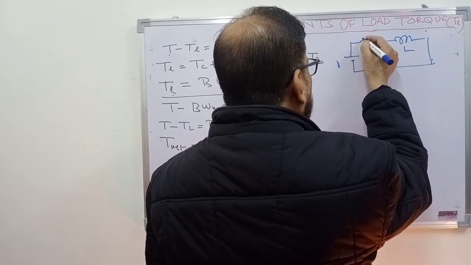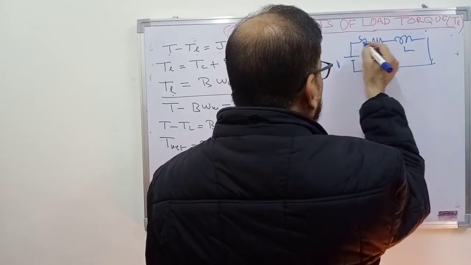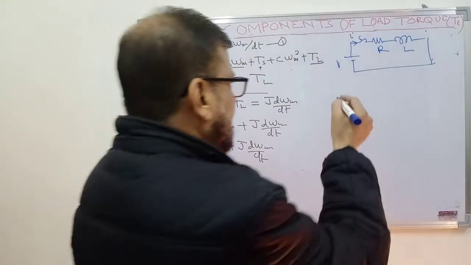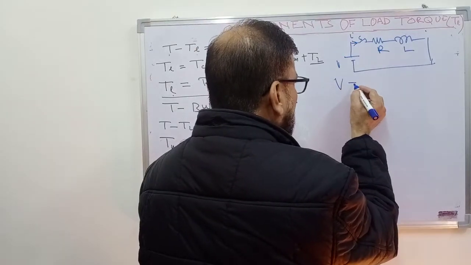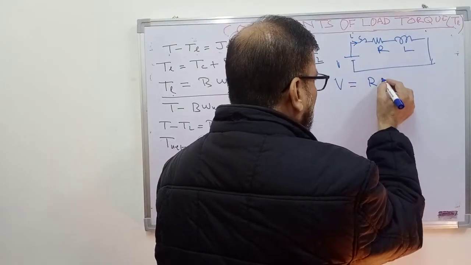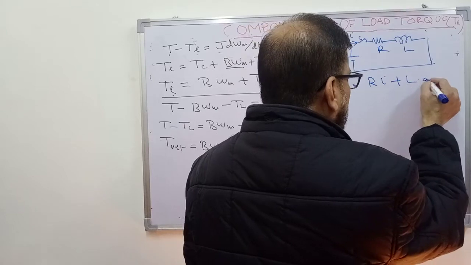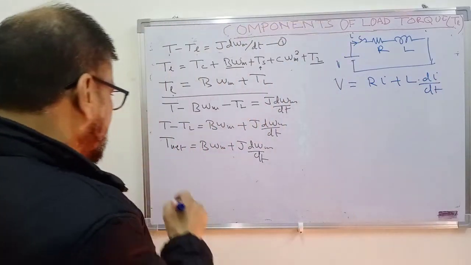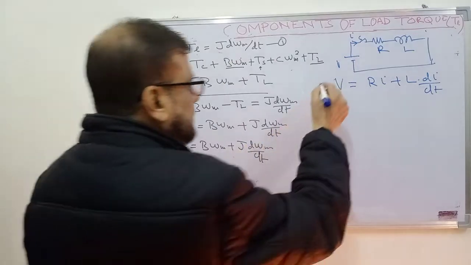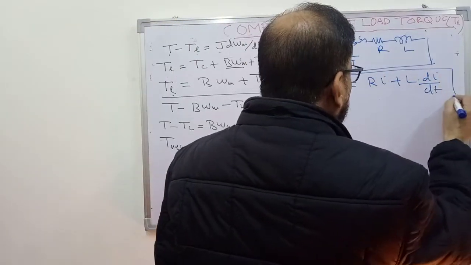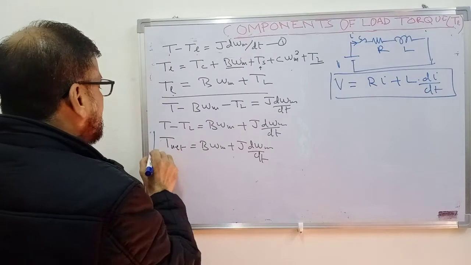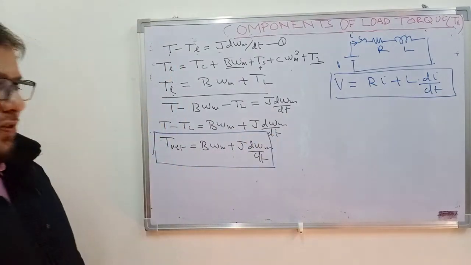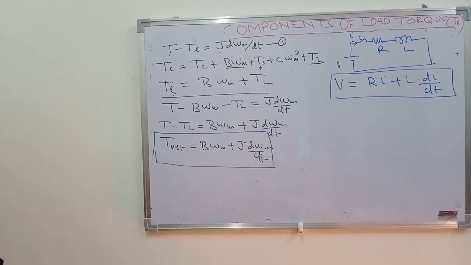When we close the switch S, a current I flows, and the KVL equation that you write there is Ri plus L dI over dt. You compare these two equations. You can see that these equations are exactly similar.